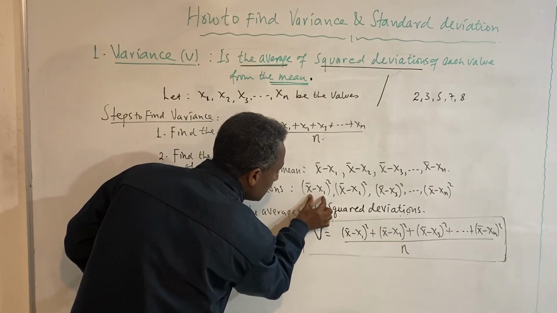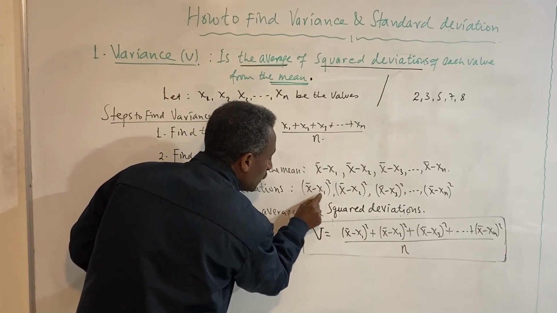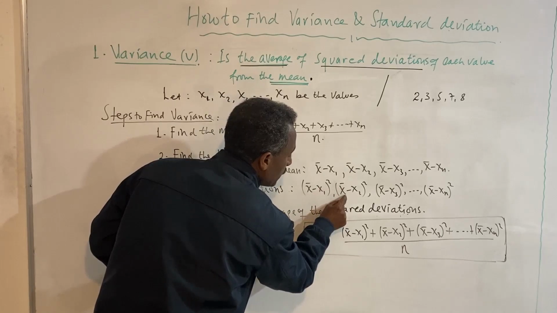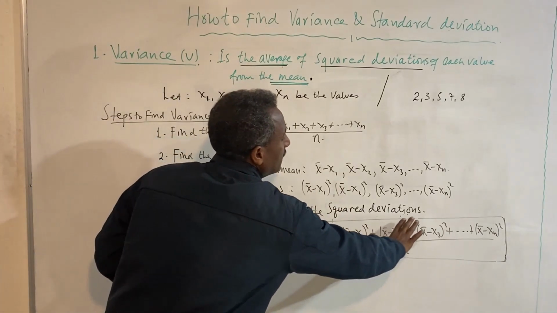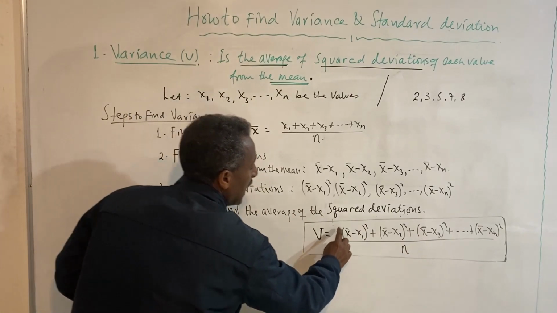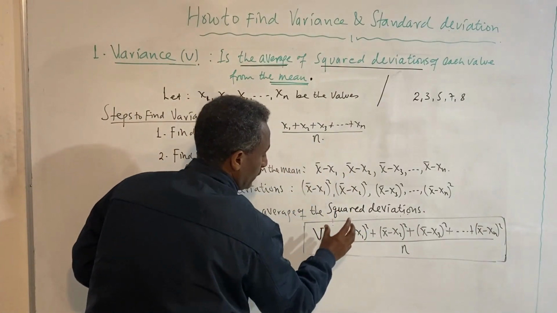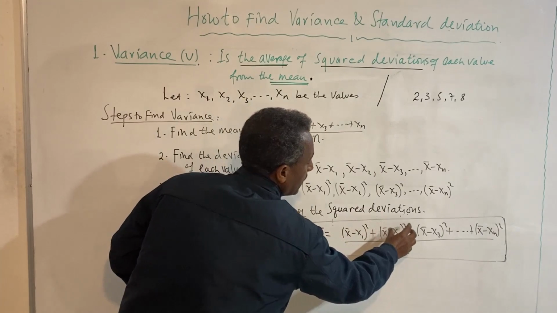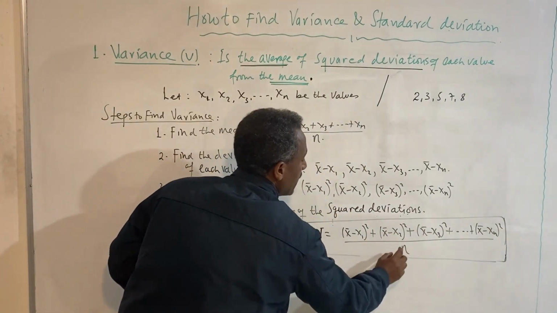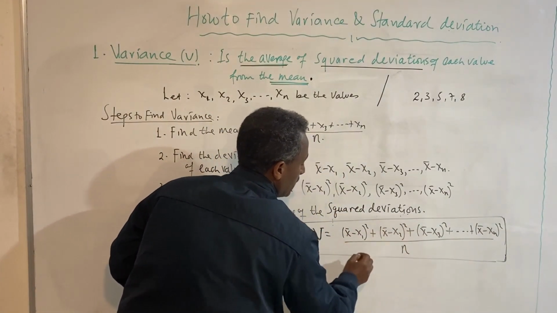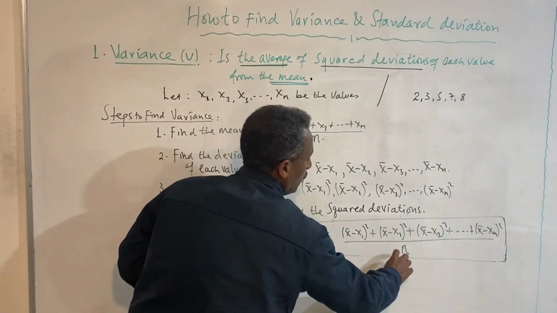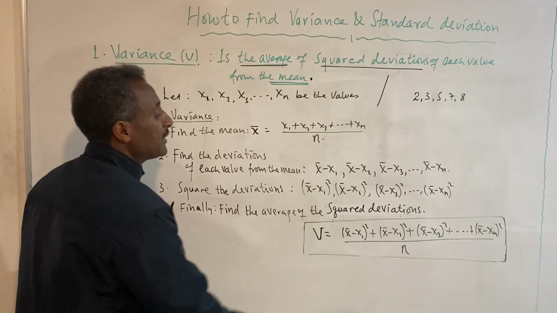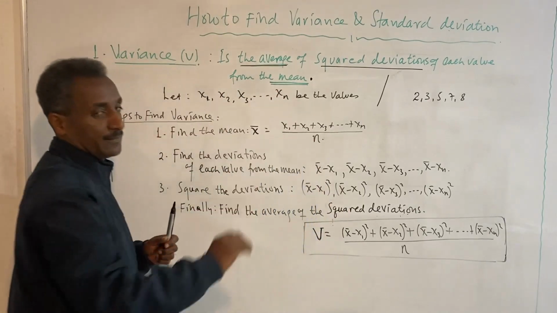Square deviations are added and divided by the number of square deviations: 1, 2, 3, n. We divide by n. This is the average. This is what we call variance.